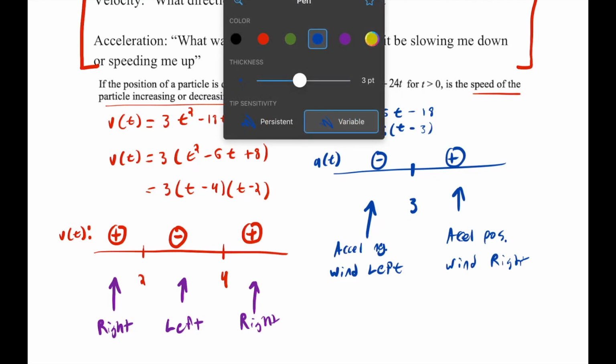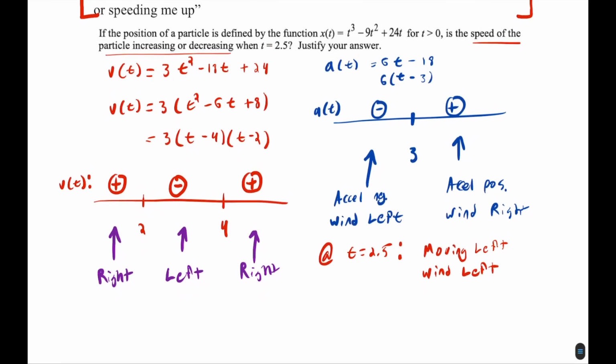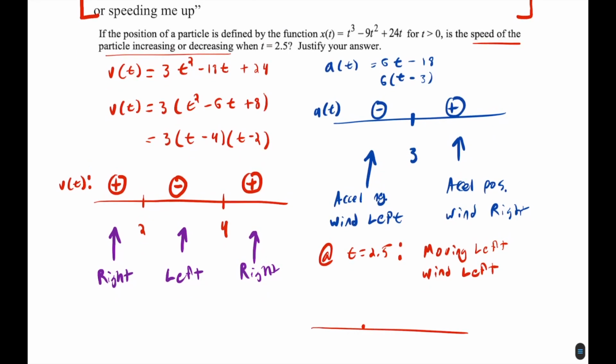And so if I think of at t is equal to 2.5, I am moving left and the wind is left. So if you imagine this car, it is moving in the leftward direction, and I'm not really good at drawing this, but there is a wind blowing against the car that way.